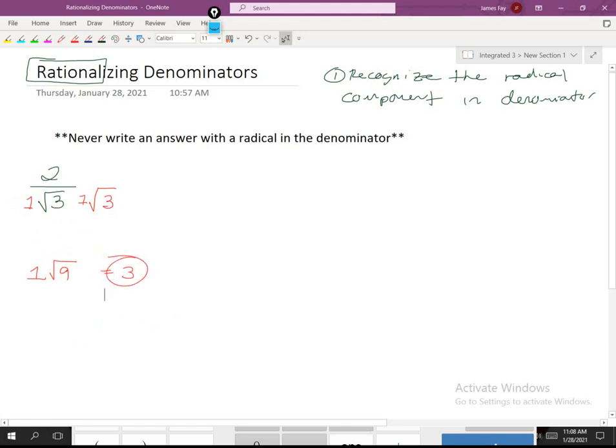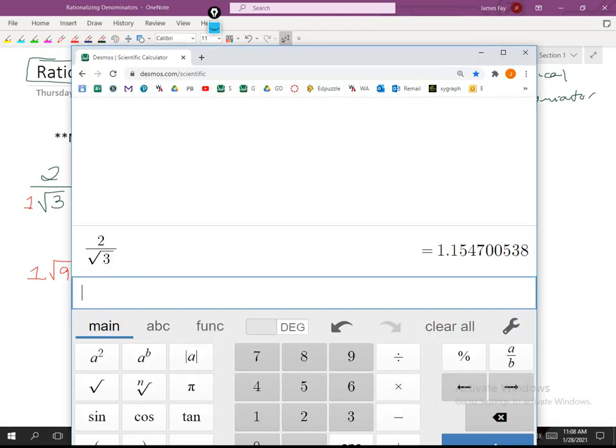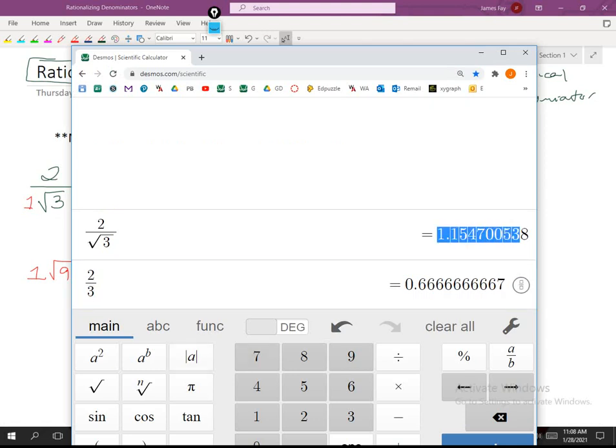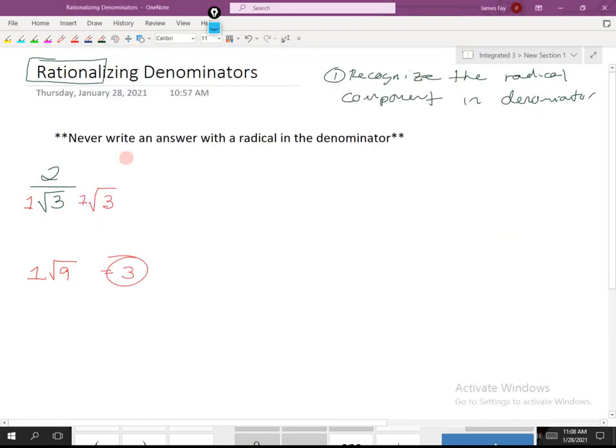Okay, so if I did just this, and nothing to the top, what I'd be left with is 2/3. Is 2/3 different than that number right there? Yeah. So I can't just multiply the bottom by radical 3, okay? Because I don't want to change the value of 2 divided by radical 3.